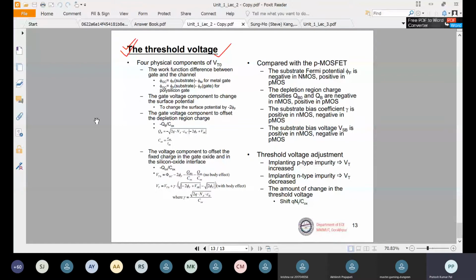Similarly, if we are applying a gate voltage in the positive direction, but of high value, meaning it is greater than the threshold voltage, it will cause an increase in the number of electrons near the interface region, or surface region.